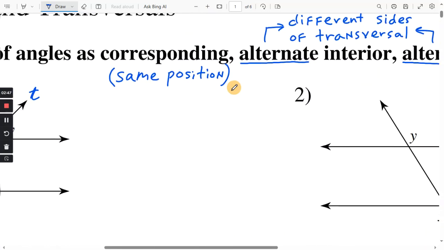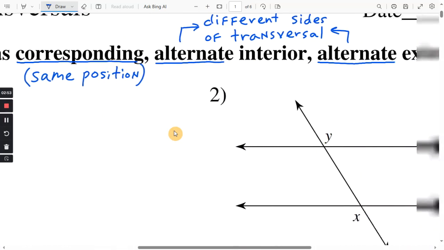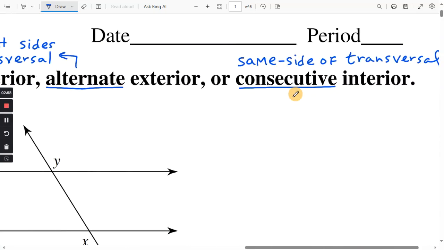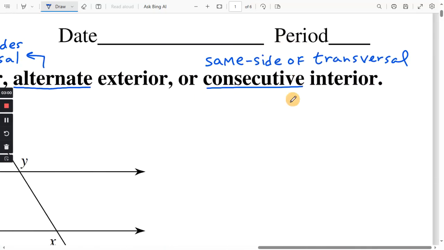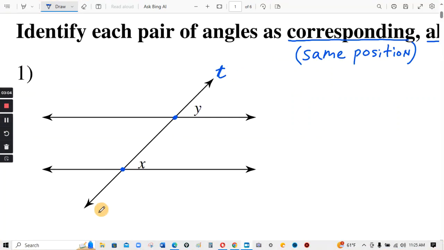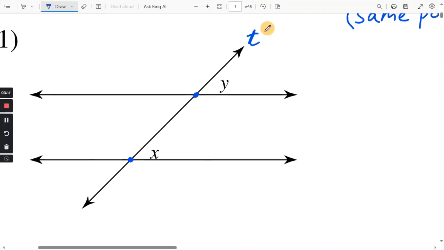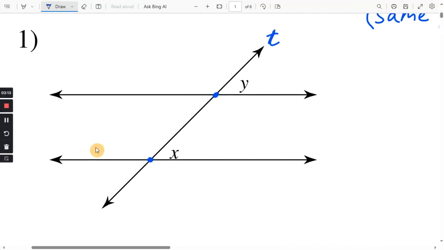All right, so far, corresponding means the angles are in the same position. Alternate means they're on different sides of the transversal, and consecutive means they're on the same side of the transversal. So looking at number 1, and really this is in general, the interior part is going to be in between the two lines that are getting cut by the transversal.